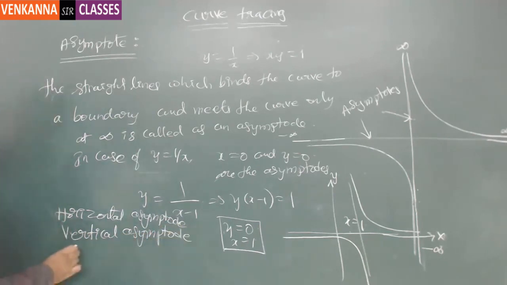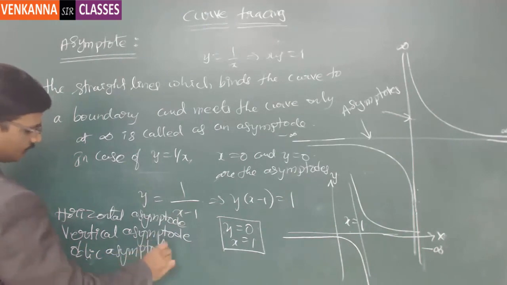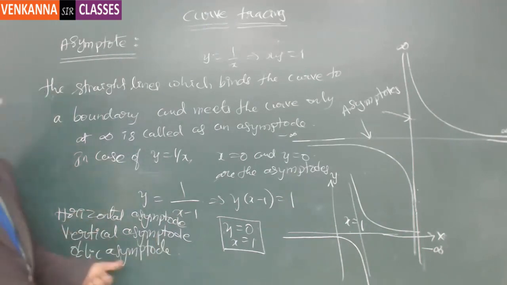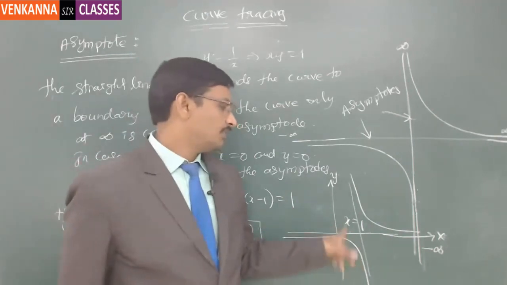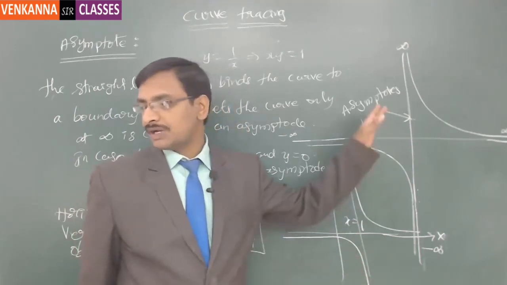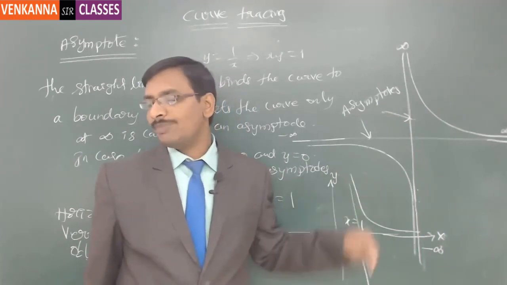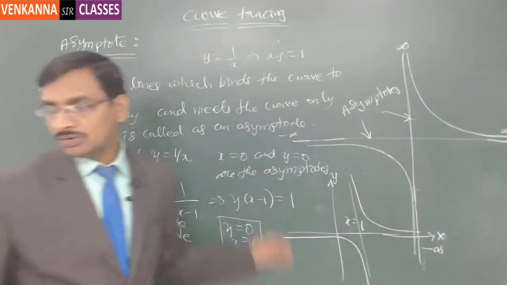And the third one is the oblique asymptote. So this is the horizontal asymptote and this is the vertical asymptote. Suppose a curve is bounded by a straight line at some angle, then that is what we call the oblique asymptote. Now I'm going to discuss them one by one.